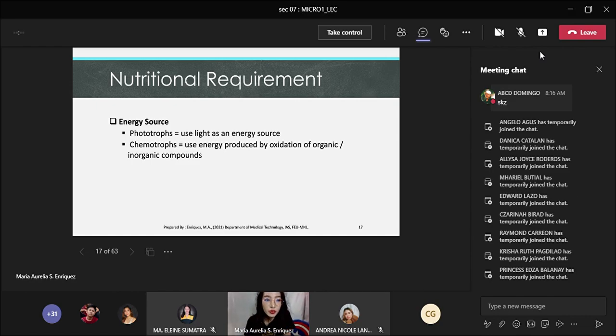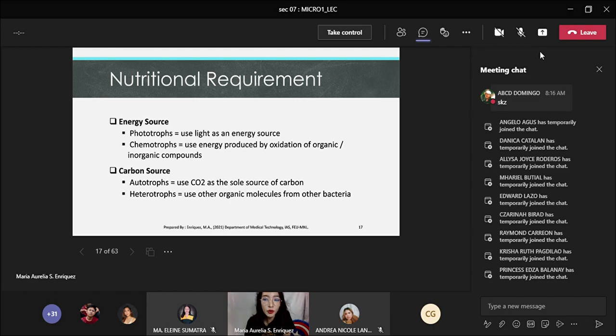Now, for their carbon source, may mga bacteria po na carbon dioxide lang sapat na. Okay, so they use carbon dioxide as their sole source of carbon, and they are referred to as autotrophs. Now, some bacteria, on the other hand, they may need organic molecules from other bacteria, and we call them heterotrophs.